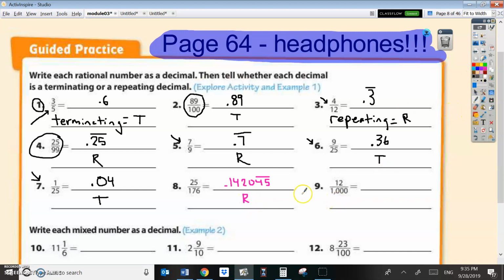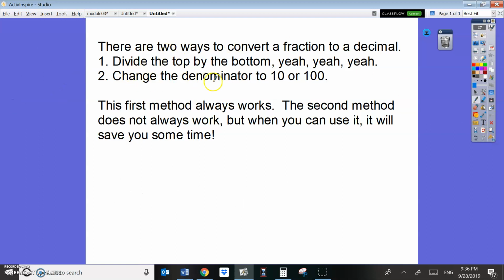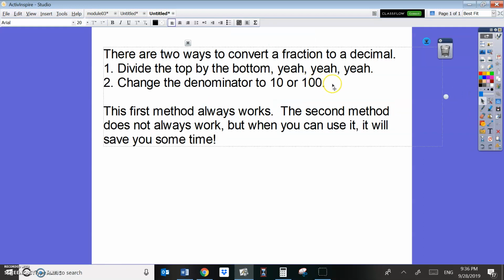And now, on to number 9. Remember the rule that said change the denominator to 10 or 100? We can expand that rule. Or 1,000.